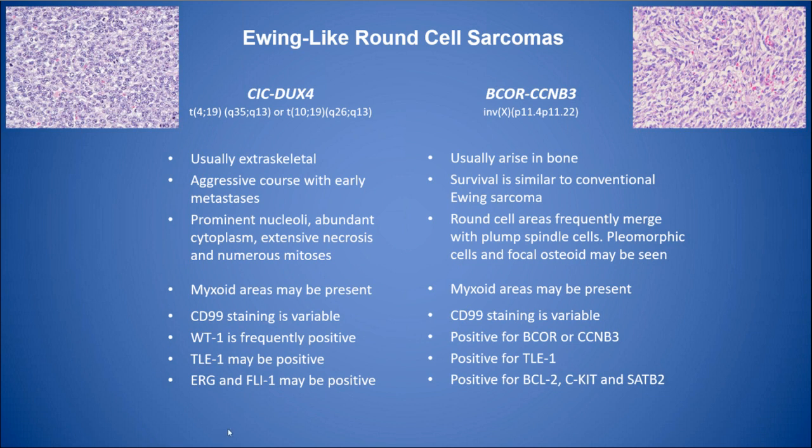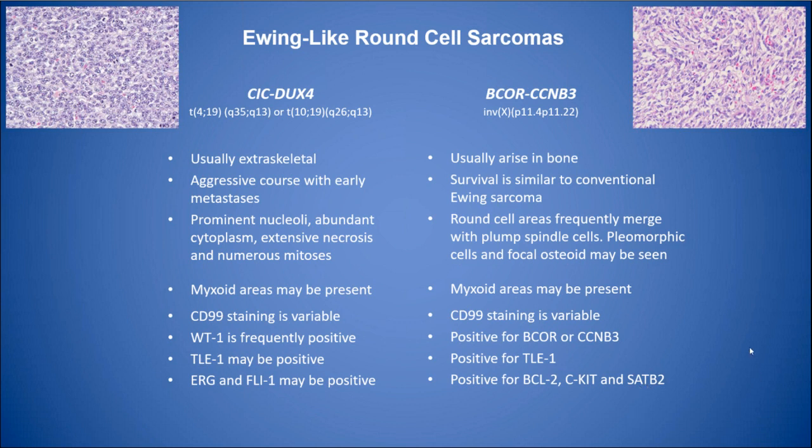Finally, CIC-DUX4 tumors can be positive immunohistochemically for ERG and FLI1, and BCORs are positive for BCL2, c-KIT, and importantly, they can be positive for SATB2, a marker that is indicative of osteoblastic lineage. So in a case like this, if you only go by immunohistochemistry, you find some spindle cell areas, focal osteoid formation, and SATB2 positivity.